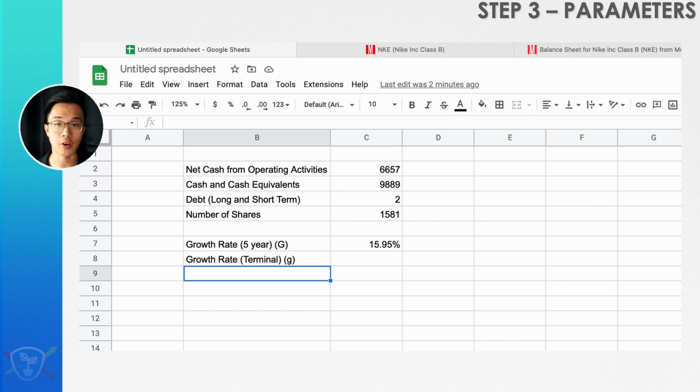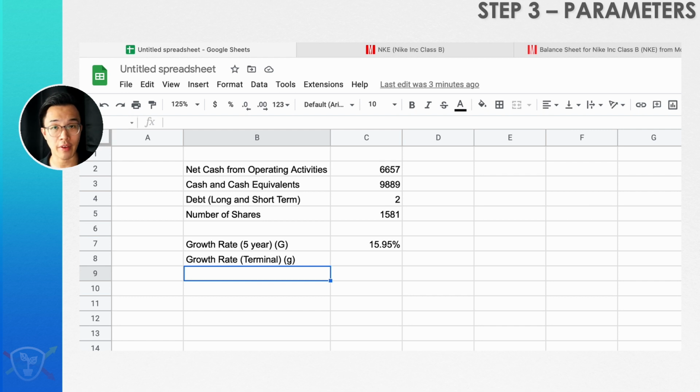Obviously for the terminal value, we're not going to be using 15% because that might be overly optimistic. Personally, I like to think that this company, being in the industry that it is, is likely to grow in tandem with the economy, with the GDP. So perhaps for the terminal growth rate, for this example, I will use the annual average growth of US GDP.